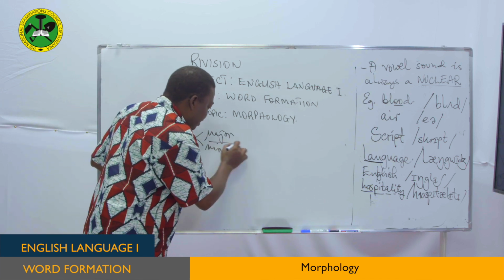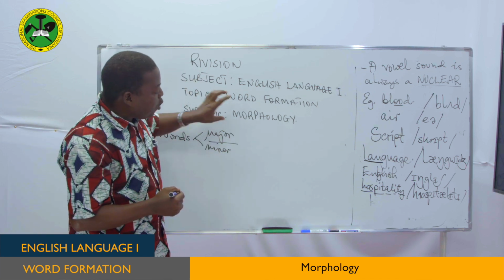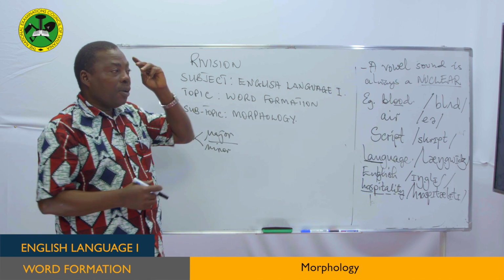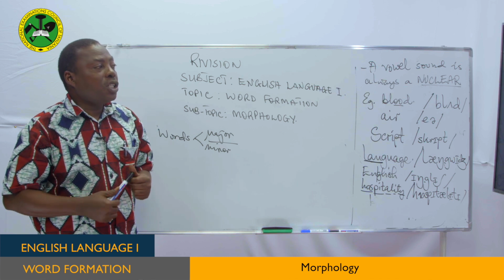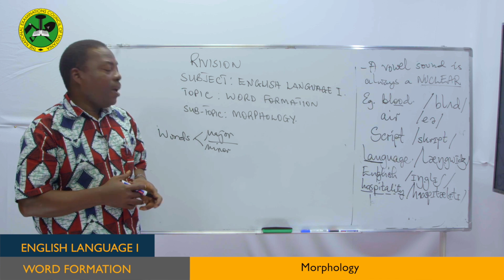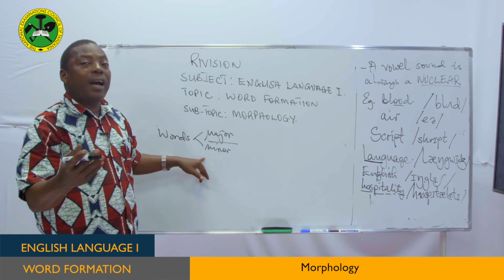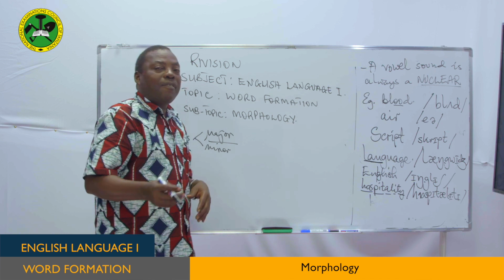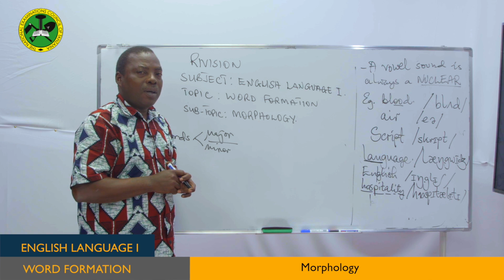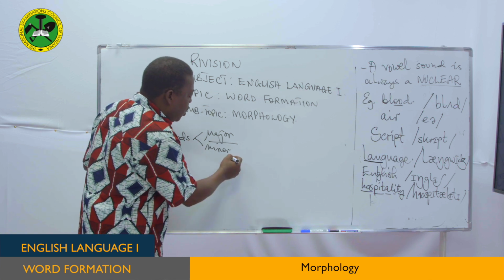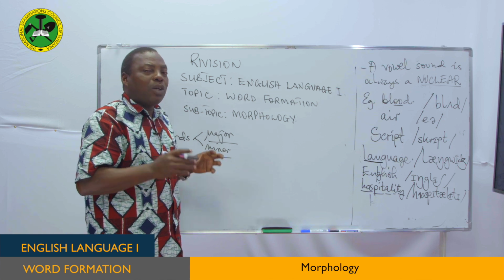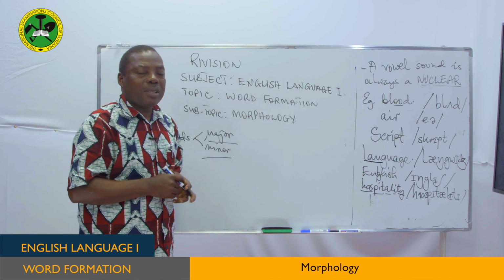Under major word class, this is where we have those words that can accept attachment, where we can have the base, we can have the stem, and definitely, of course, we have roots. Differently from minor word classes, where we are expecting to have words which do not receive attachments. So in this case, we can only have roots under the minor word classes, but we cannot think about having the attachments.